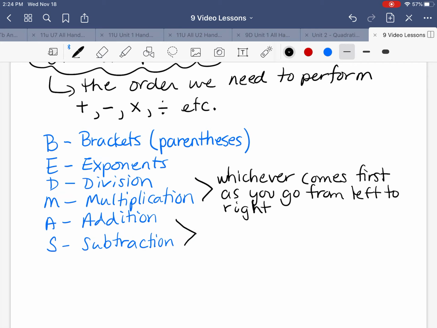And it's the same for addition and subtraction. So once you've taken care of multiplication and division and you get to addition and subtraction, you want to do whichever comes first as you go from left to right. So same as above.